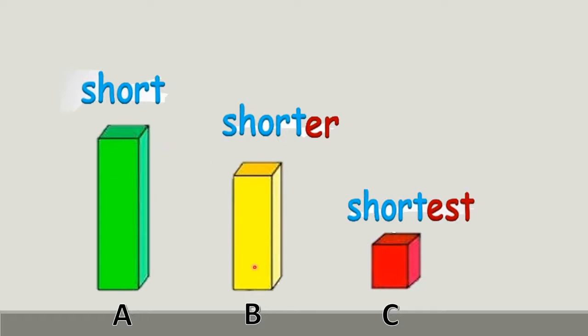This second, B, is shorter than first A. Now see another one, C. This is shorter than A and B. It means C is the shortest among all.